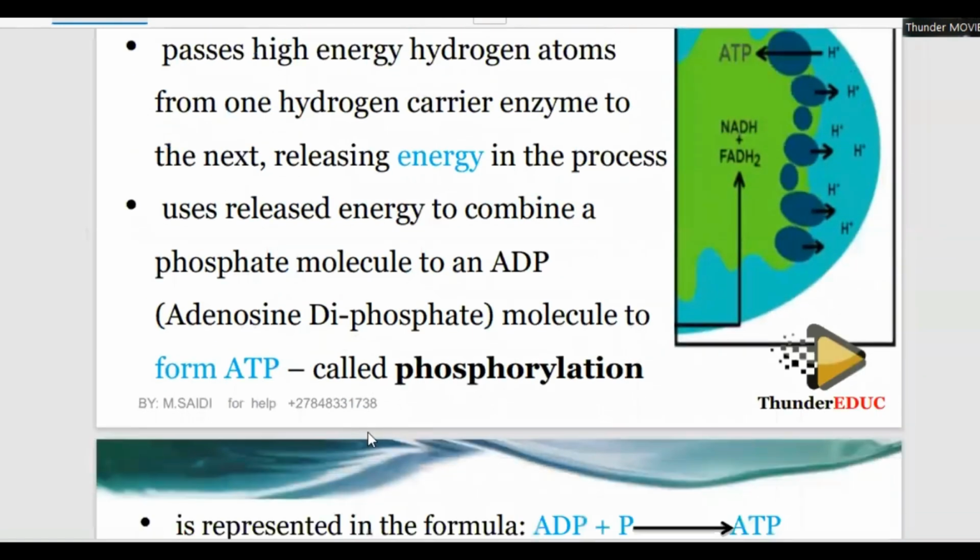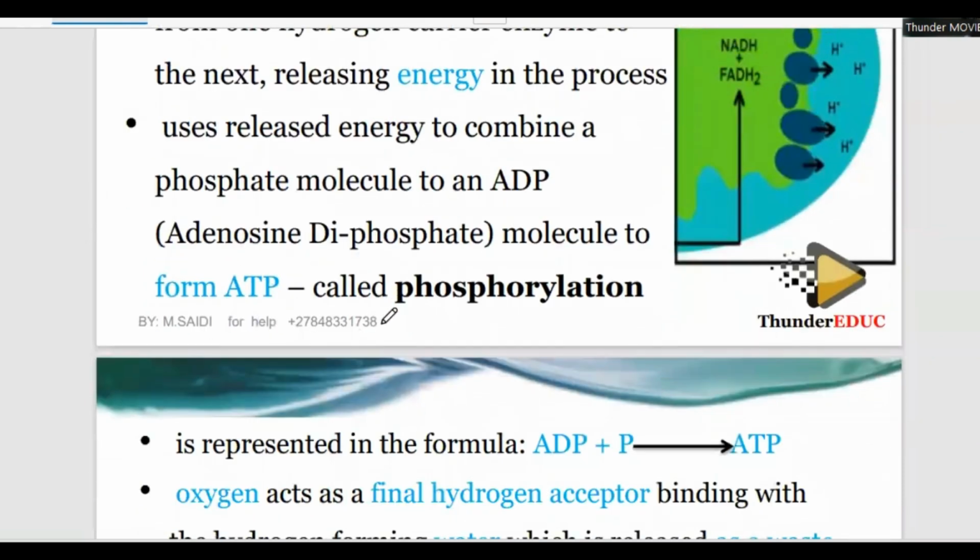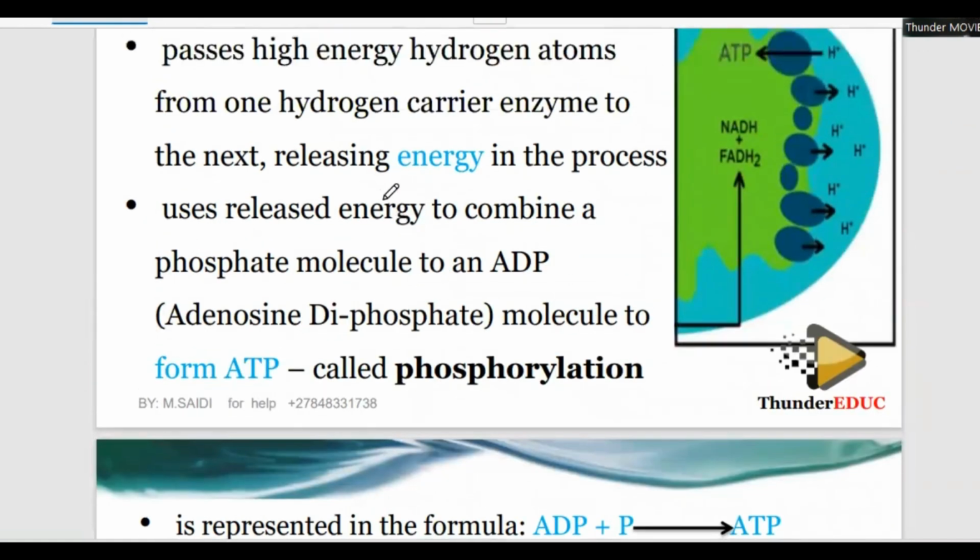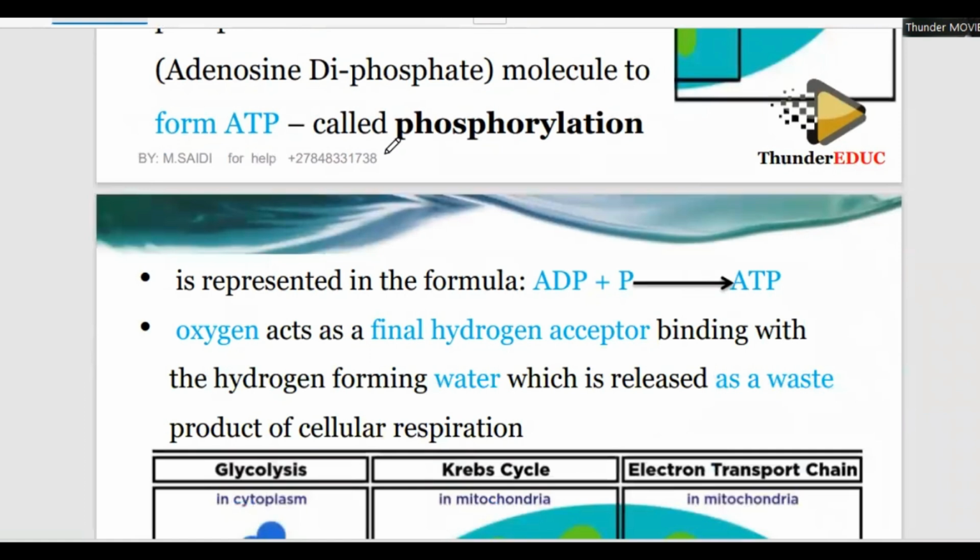This process is called phosphorylation, and because oxygen is involved there is oxidation and reduction. So this process is an oxidative reaction. Hence, we call it oxidative phosphorylation.